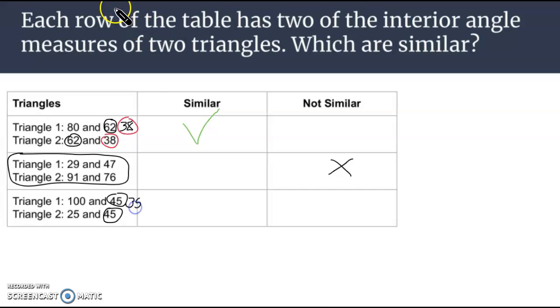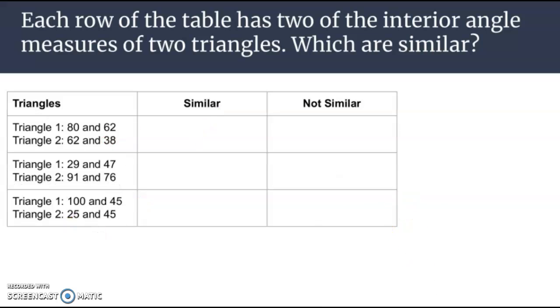And since we don't see a 35 here or here, there's no way that the third angle here could be 35, otherwise it wouldn't be a triangle. Therefore, in the last example, triangle 1 and triangle 2 are not similar, because remember, you need two angles to be equivalent.